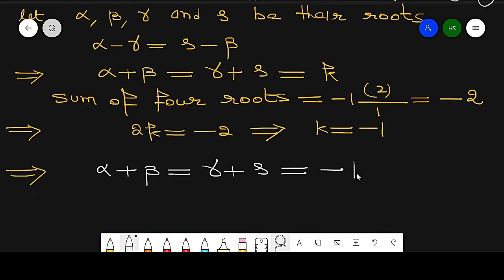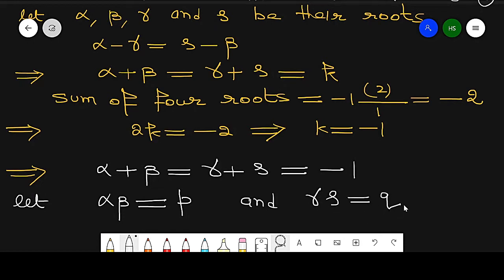Now assume that the product of the roots alpha beta is equal to p and gamma delta is equal to q.